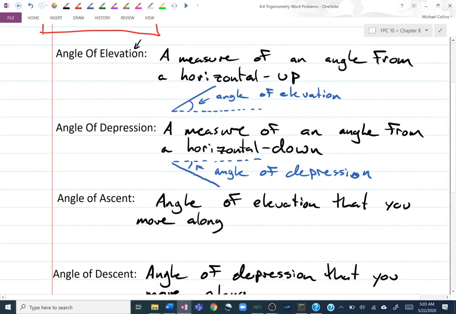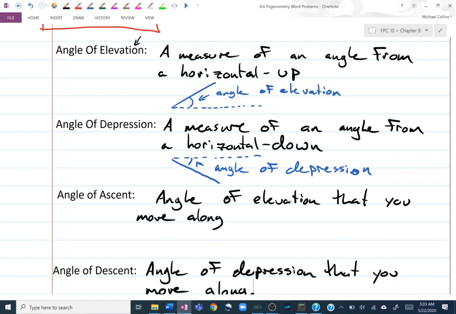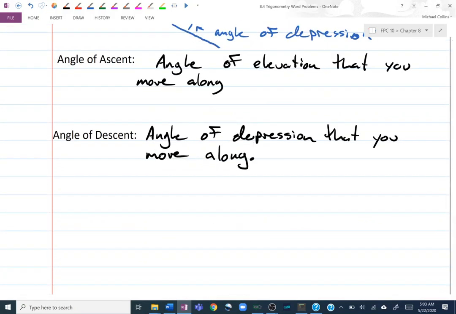Angle of elevation is pretty much going to be the same as the angle of ascent, and angle of depression will be the same as the angle of descent. Think of them as synonyms when you're drawing the pictures. In practice, though, if you're talking about it in English words, if you're making a paragraph out of it, they do mean subtly different things.